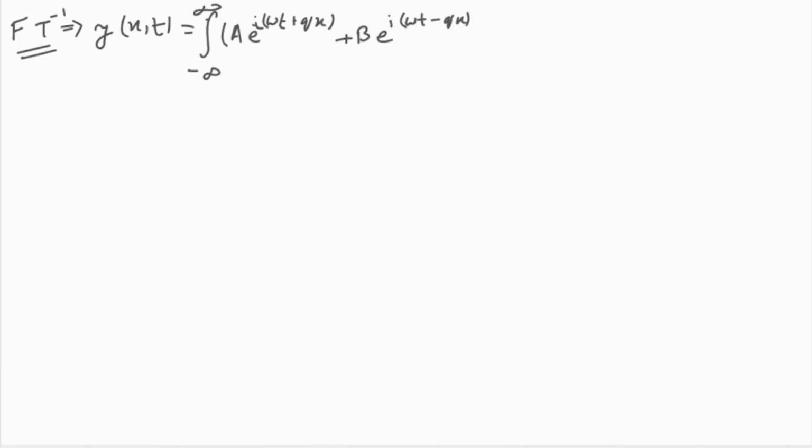So you can understand by looking at the equations what kind of equations these are. These are nothing but waves. This is a left moving wave, and this one is a right moving wave.